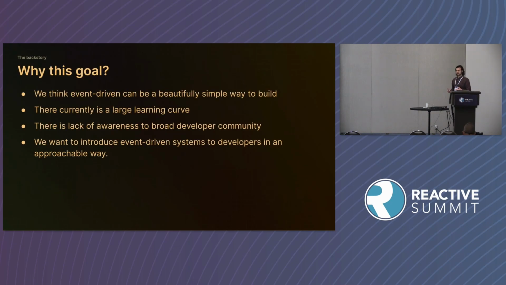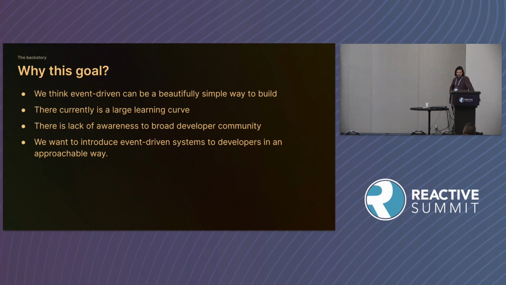I don't think I need to convince this audience, because y'all are here, but I think that event-driven can be a beautifully simple way to build. You might say, simple, what are you talking about? You need to know CQRS or event sourcing, or you need to understand idempotency in your system deeply. You need to master systems like Kafka or NATS. These thoughts bring me to my next point, which is that how we think about event-driven or reactive systems is often uber technical and very deep into system design, which is fantastic because in various use cases you need to do that.